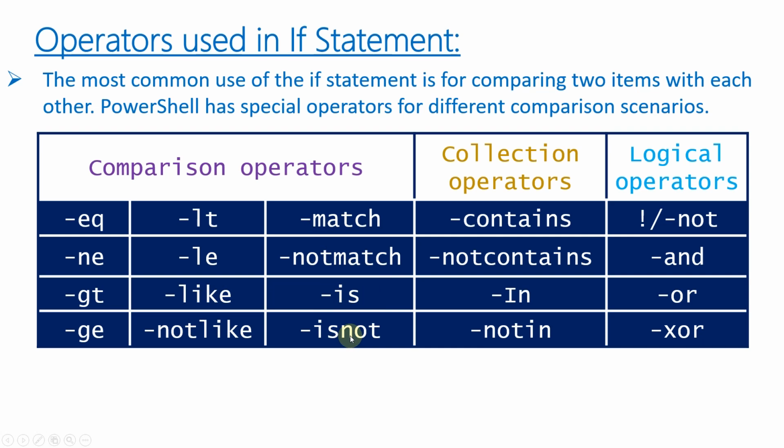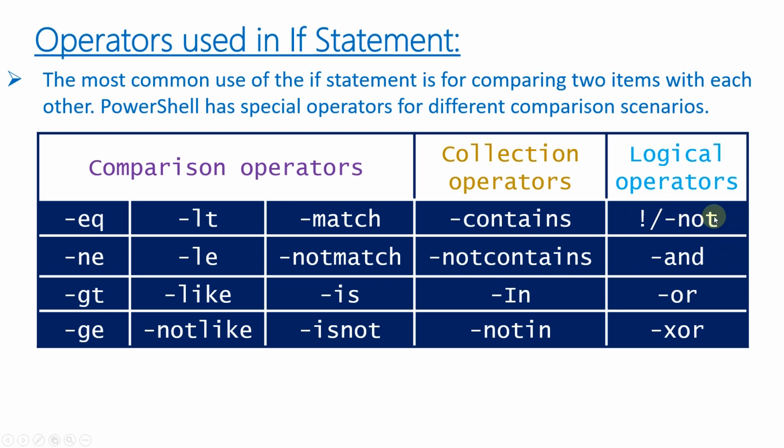And if we have a collection and want to check whether an element is present inside that collection or not, then we can use contains, not contains, in and not in. After using these comparison or collection operators, if we want to invert the result, for example if we get true and want to convert that into false, then we can use an exclamation mark before that, or we can use the not operator.